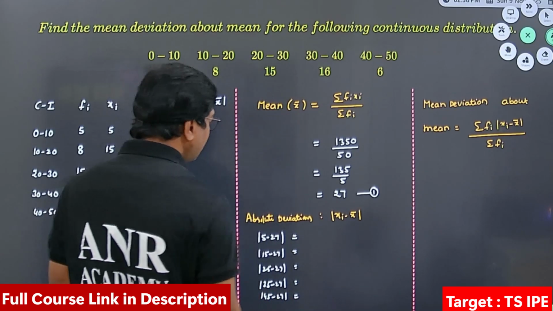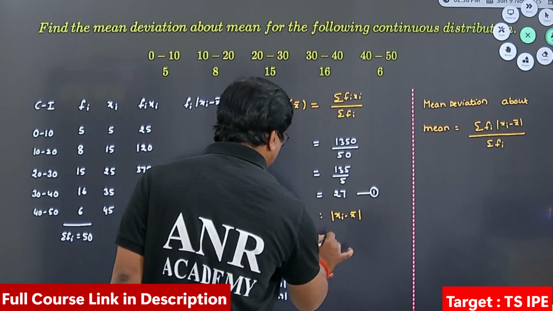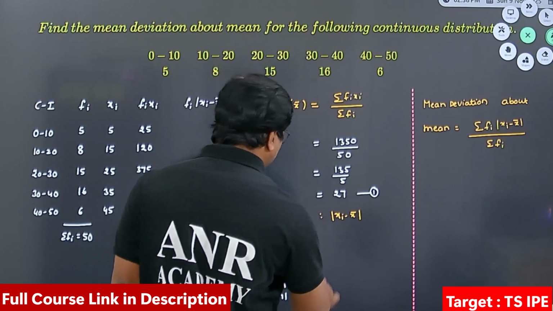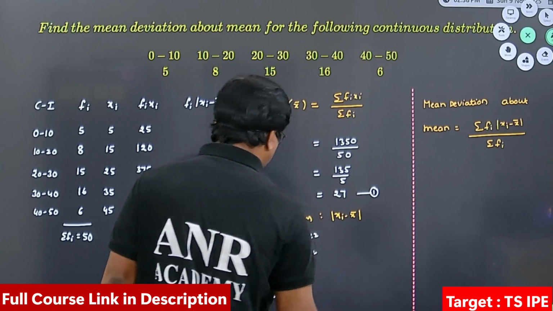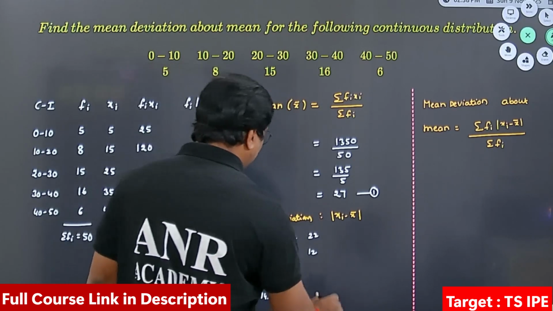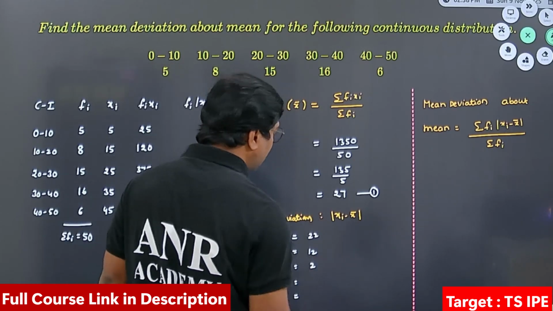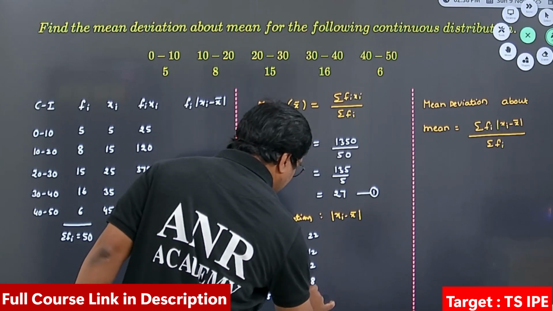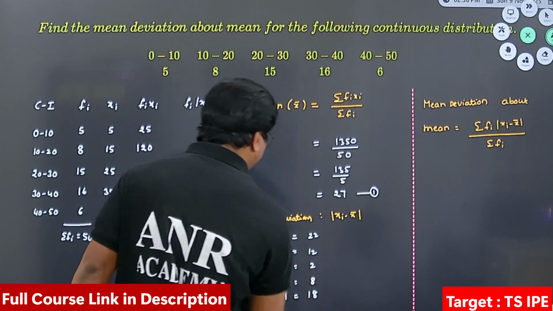Yes, this is 22. Next, 15 minus 27, that modulus is 12. 25 minus 27 is 2. Next 8, and then 18.